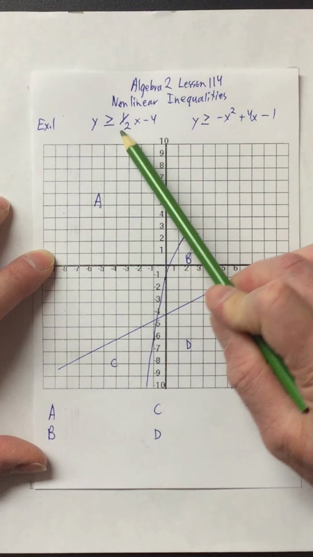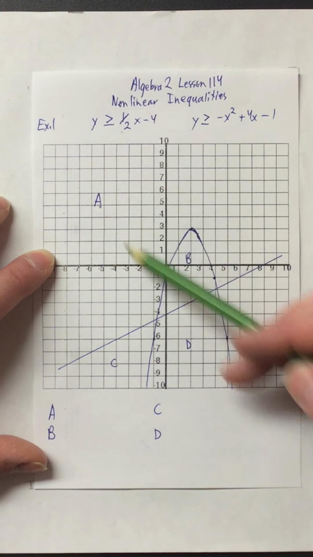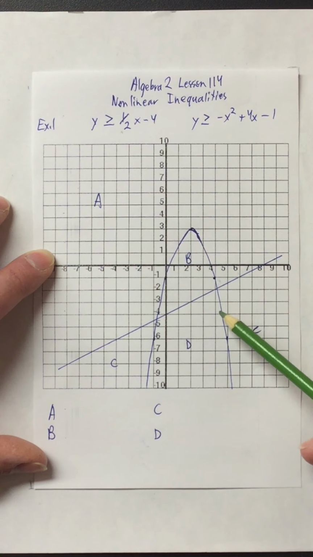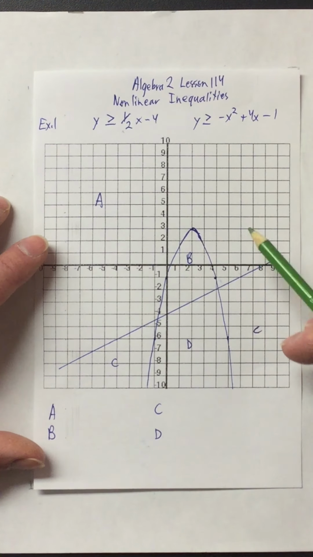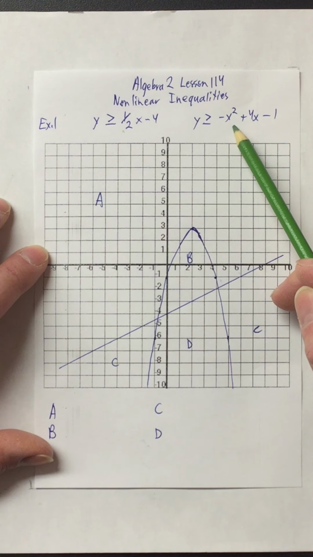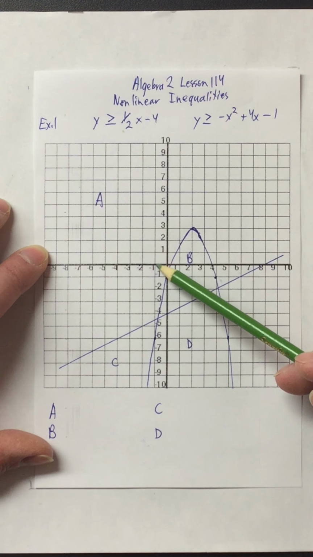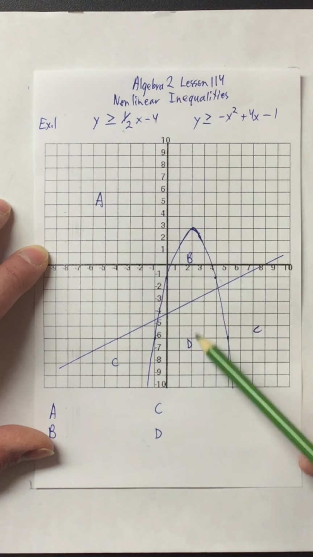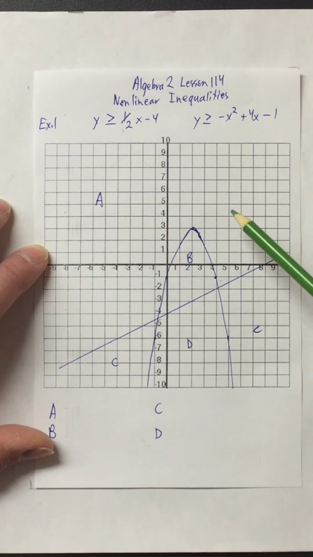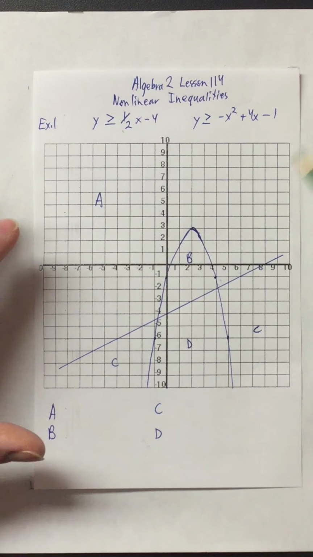First of all, looking at the linear graph, this line, we have an above, which includes A and B, and a below, which includes C and D. Then, in conjunction with this parabola, the parabola has an outside and an inside. B and D are both on the inside of the parabola, and A and C are both on the outside. Using those, we get 4 different quadrants.